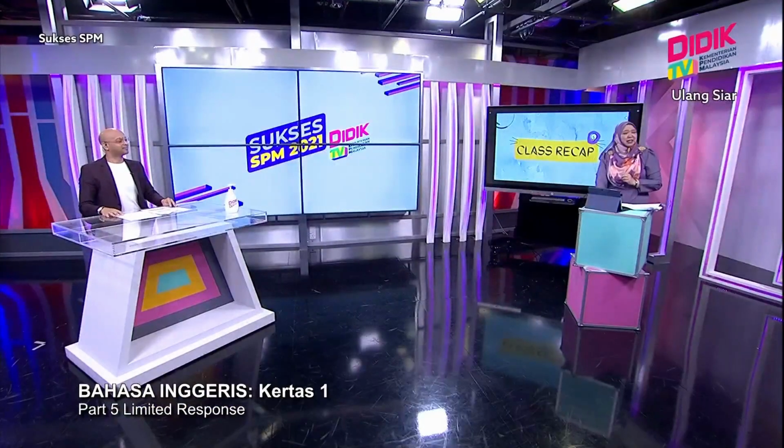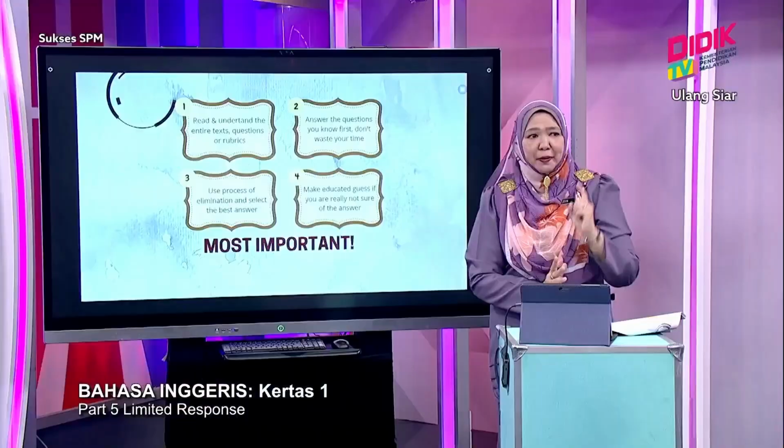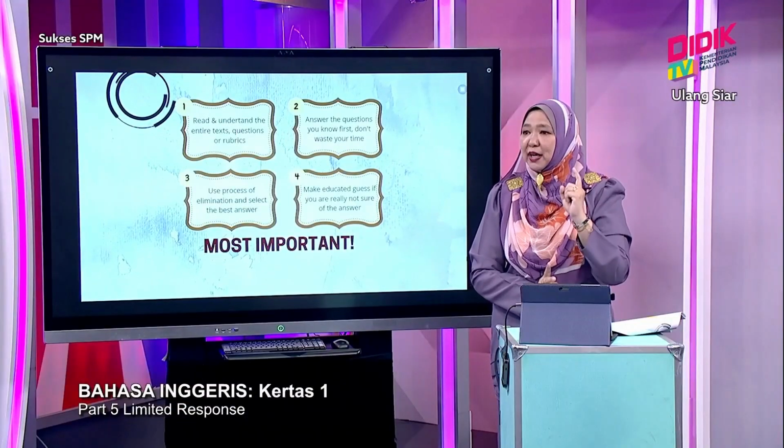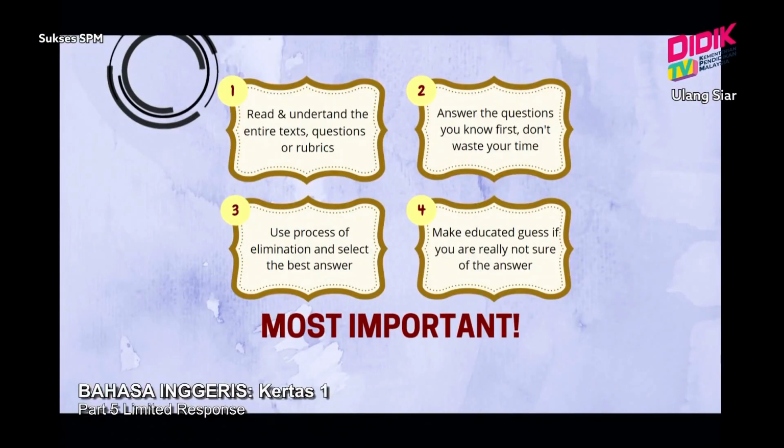Okay, so class, most important for paper 1: number 1, read and understand the question, the instruction, the rubrics, the text. This is the most important thing that you have to do. Second, answer the questions you know first. Don't ever waste your time.